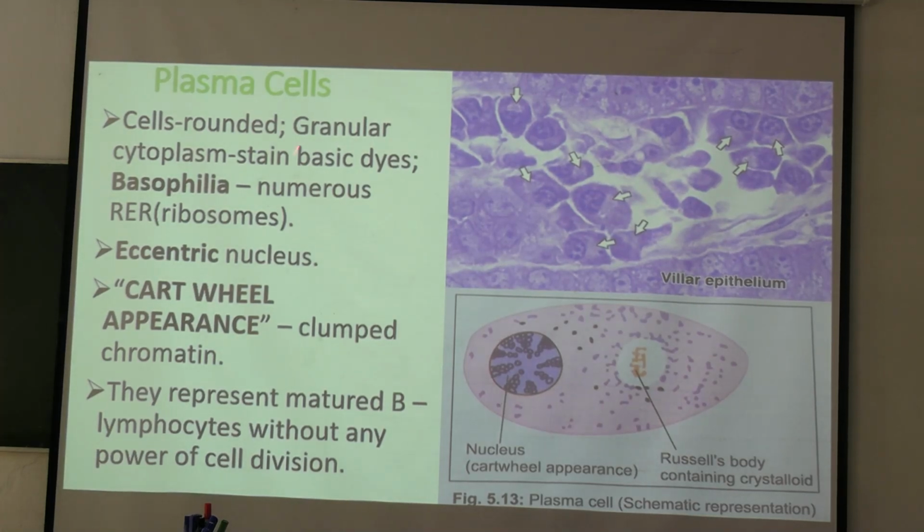Next we go to plasma cells. Plasma cells also come as an individual short note. Plasma cells are rounded, with granular cytoplasm stained with basic dyes. You can see these are rounded or oval cells.